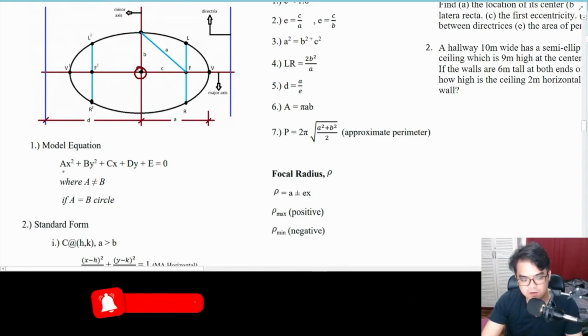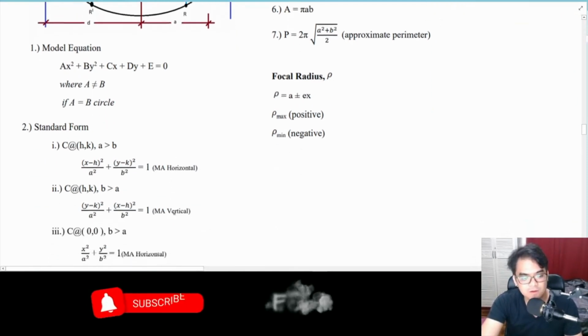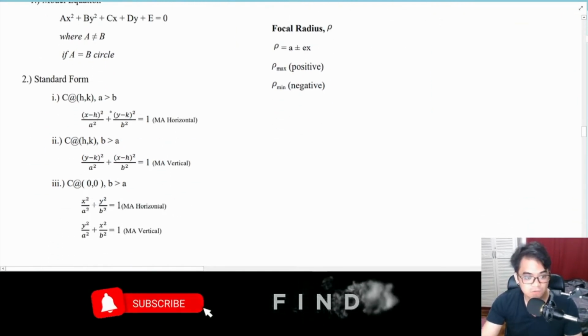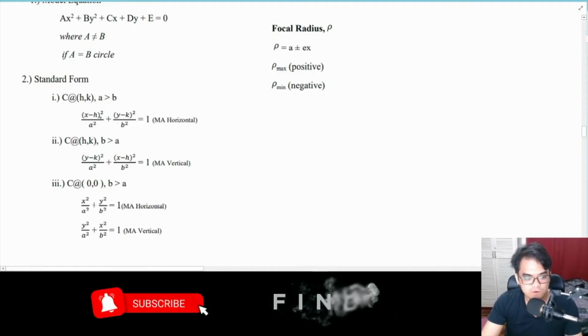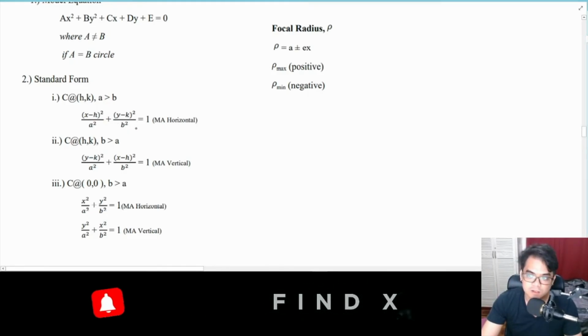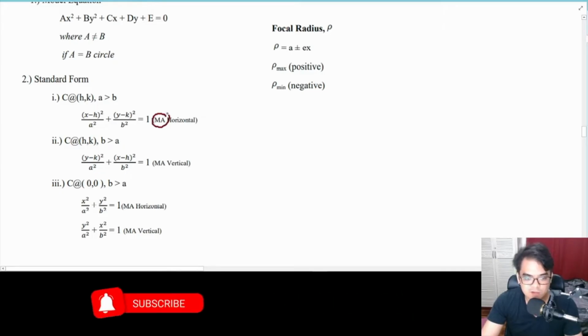Okay? So we have here ax squared plus by squared plus cx plus dy plus e. So you can see it's already here that a and b must not be equal. If they're equal, then it is a circle. And we have here the standard form, which has a center at (h, k). So a will always be greater than b. Okay? So whichever has the greater denominator will be the major axis. So the major axis here will be horizontal, okay?